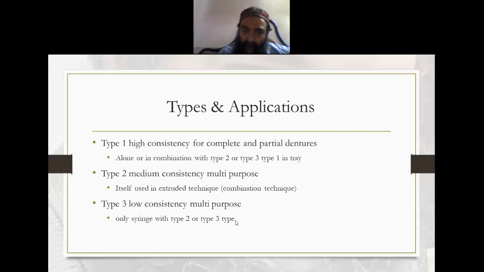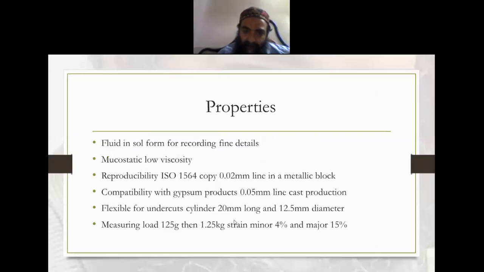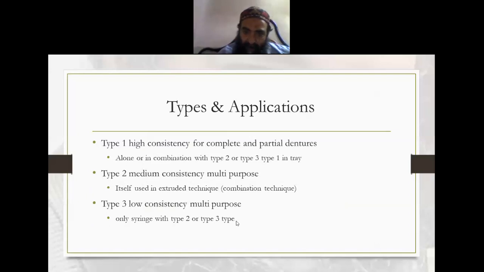Sorry, type 3 is syringed with type 2 and type 3 with type 1. There is a mistake here; we can write it as type 3 with type 2 and type 3 with type 1.